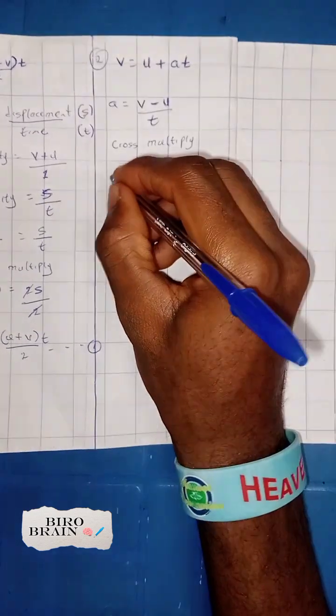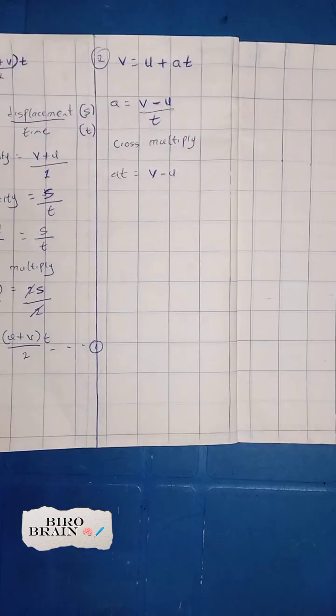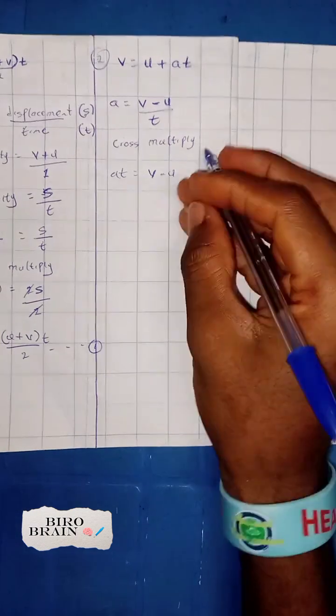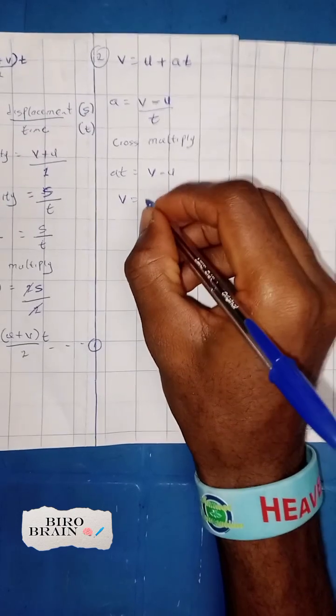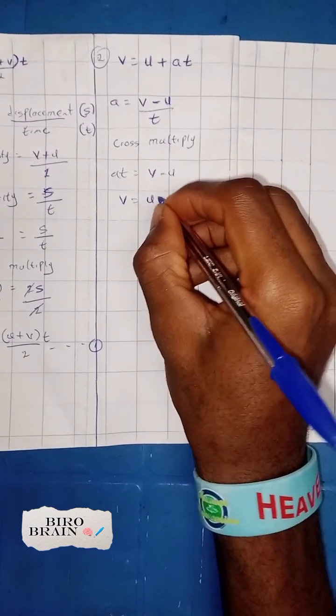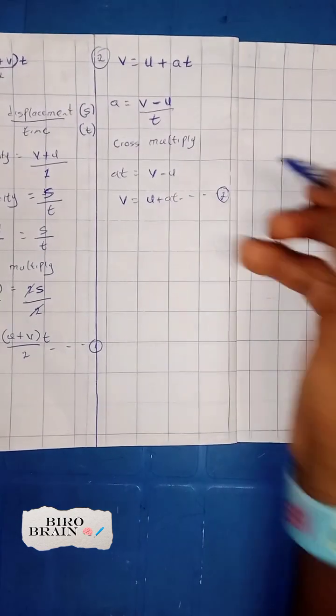When you cross multiply, we have at is equal to v minus u. Then you want to make v the subject of the formula, so this u goes to the other side. Then we'll have v is equal to u plus at. And this is your equation 2.